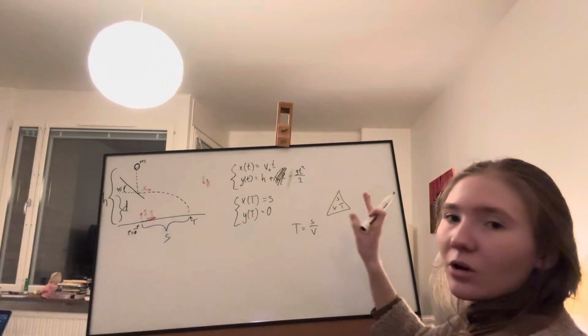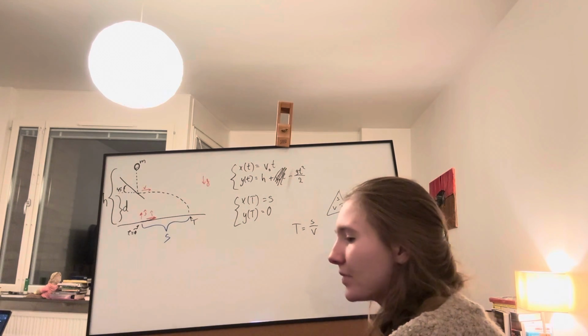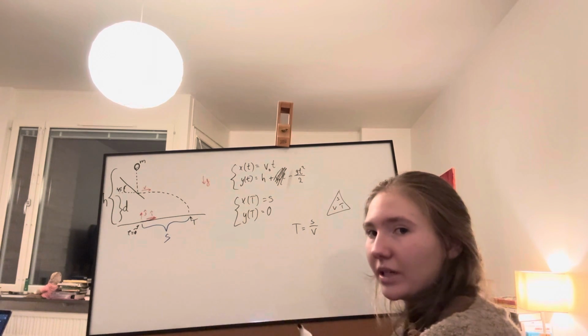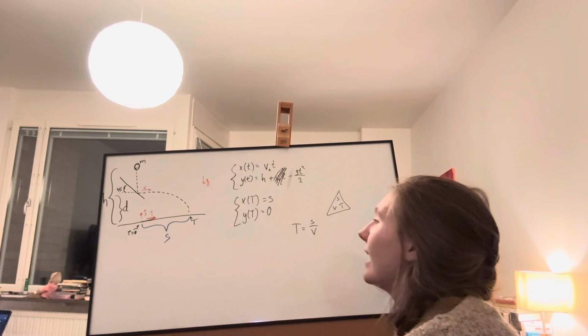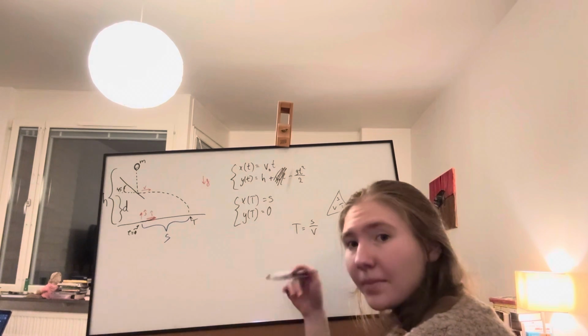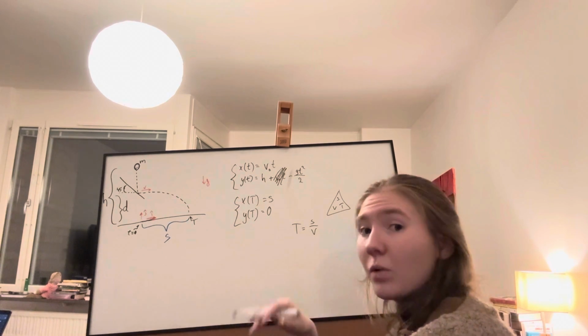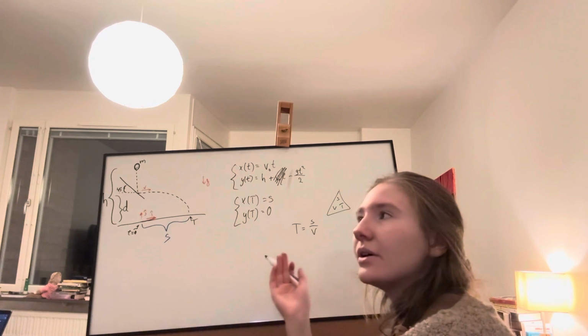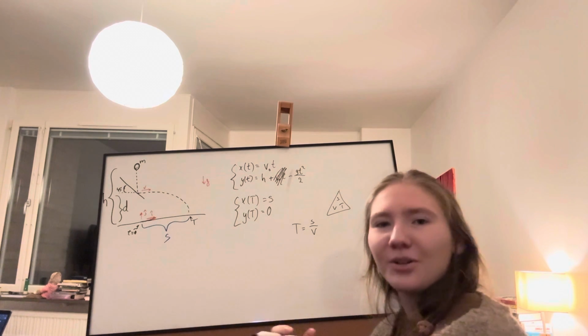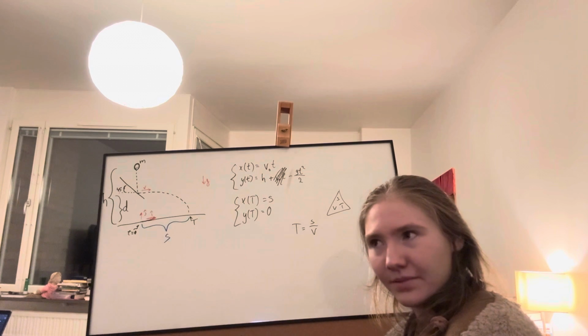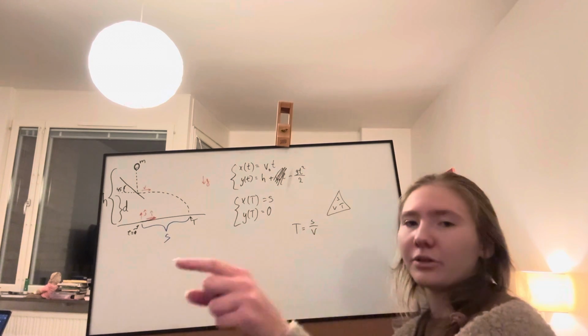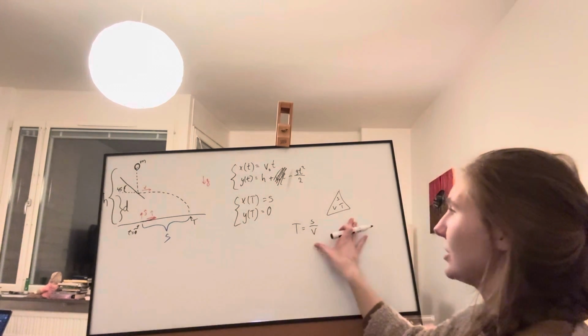This, by the way, can only be used with constant velocity. And it is because gravity is only on the y-axis. So on the y-axis, it's not constant, because we have acceleration, but on the x-axis it is. And so we can use this.